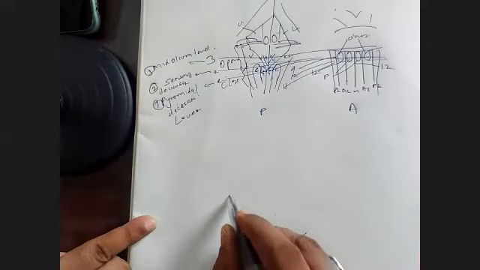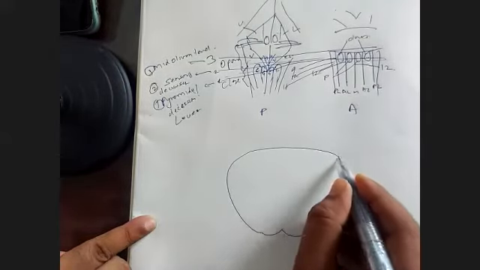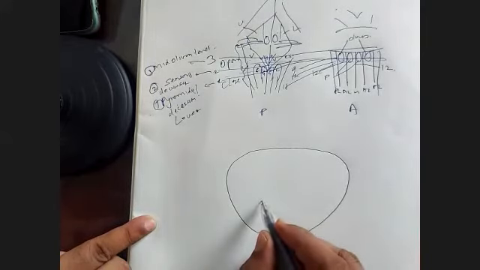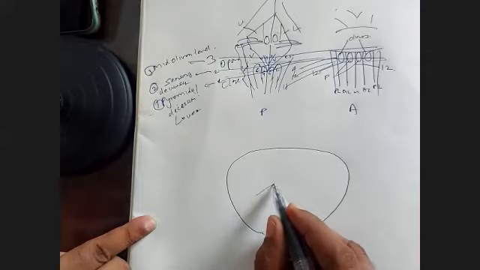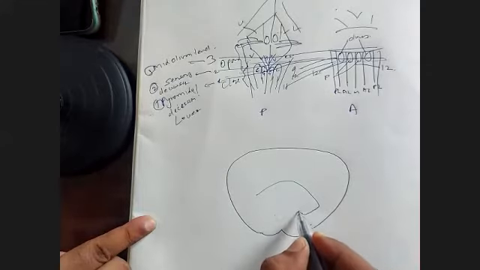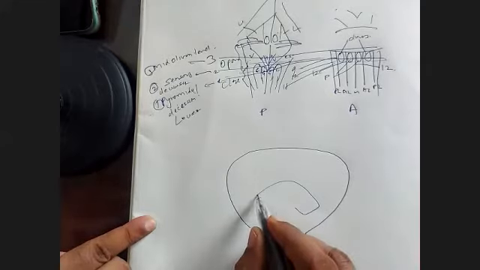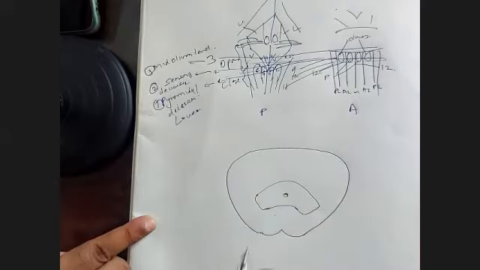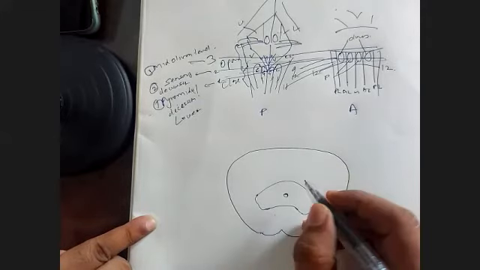This section looks more or less like the spinal cord, because below this is the spinal cord. Like the spinal cord has the central gray matter, this area will also have the central gray matter and the central canal.